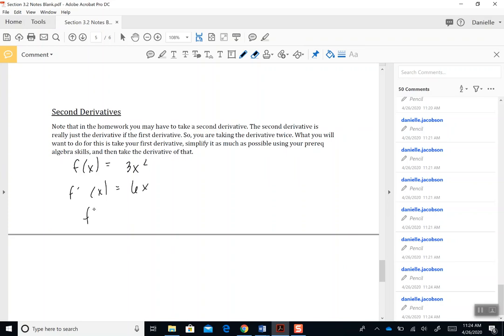My second derivative will then just be the derivative of the first, so that's 6. So the main thing I want you to keep in mind is I highly recommend simplifying your first derivative if you have to take a second. As I stated before, I'm not super picky on the simplification stuff unless you have to apply it or use it, and that's because when you simplify it just makes it easier on yourself.